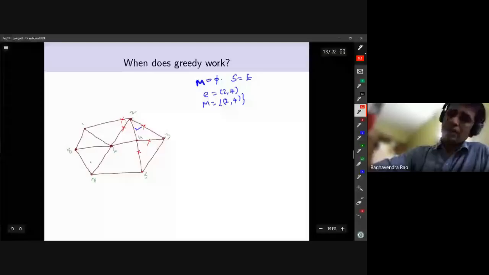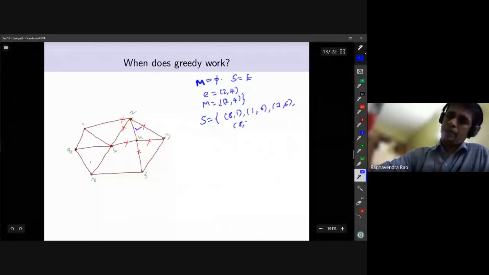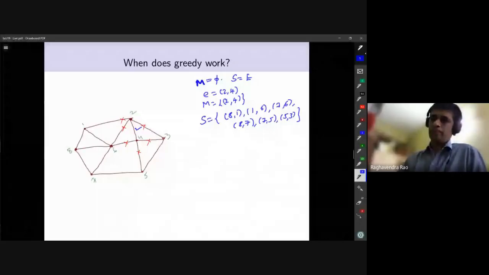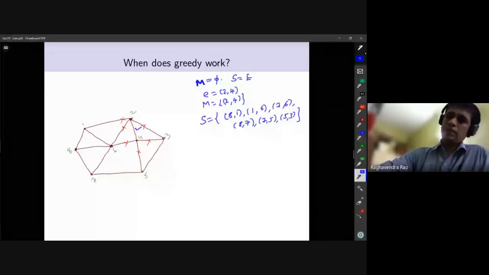So S is the remaining edges: 8, 1, 1, 6, 7, 6, 8, 7, 7, 5, 5, 3. Did I miss anything? That's it, right? Everything else is incident on either 2 or 4. Okay, so this is iteration 1.